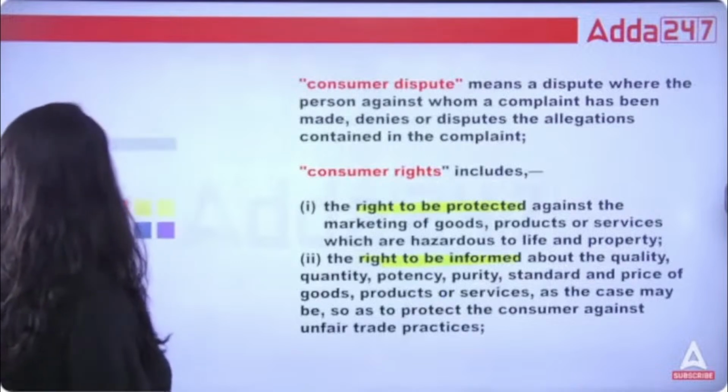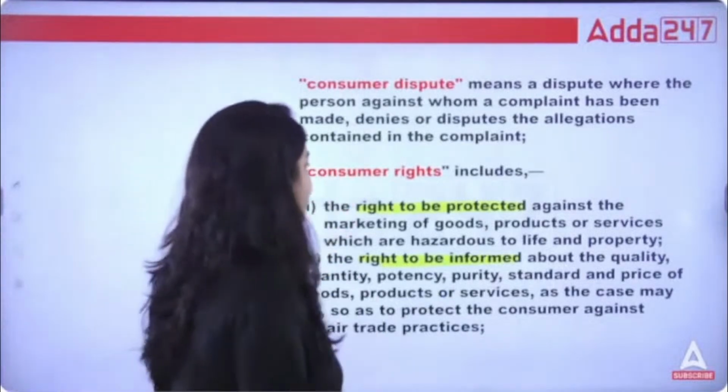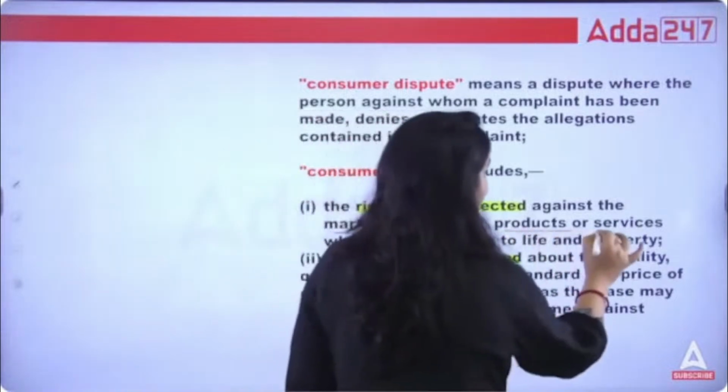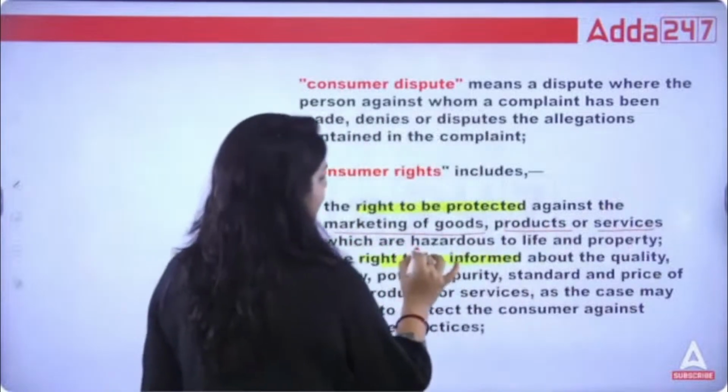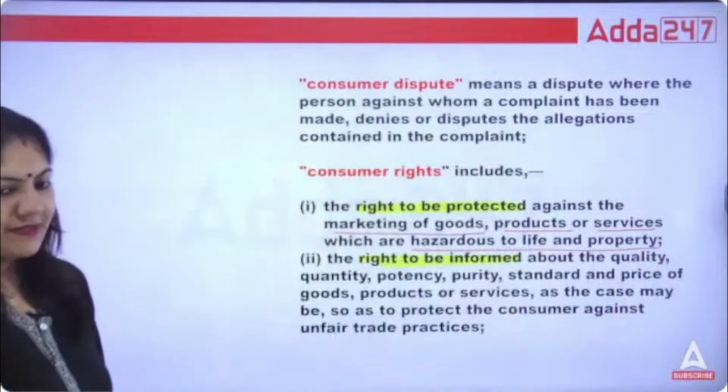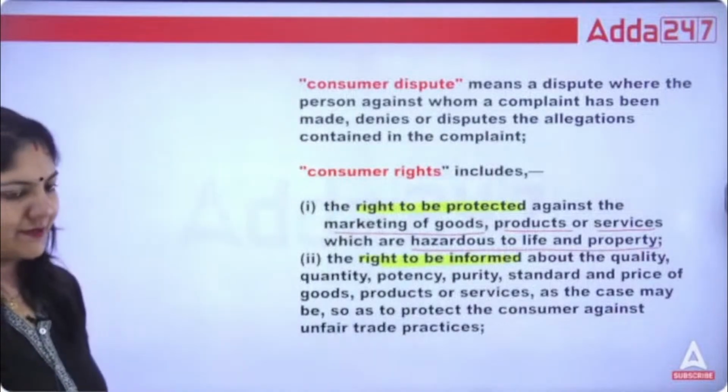So now what is written here? Right to be protected against the marketing of goods, product and services which is hazardous to life and property. That is right to be protected.